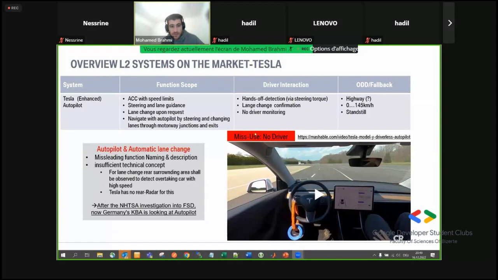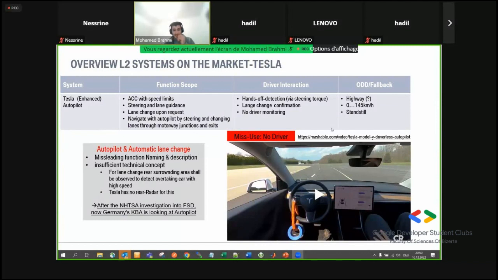What is the problem of this system? This system can be misused, because since it is an L2 system, it always requires that the driver is taking care, but they are just assuming this. They are not actively making sure that the driver is sitting on the seat and controlling the steering wheel.